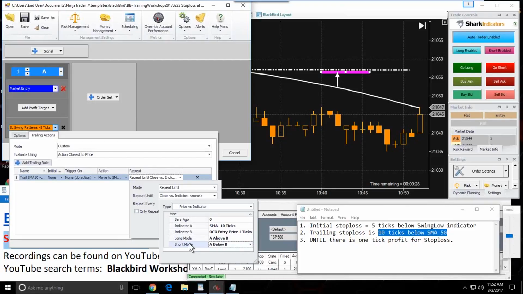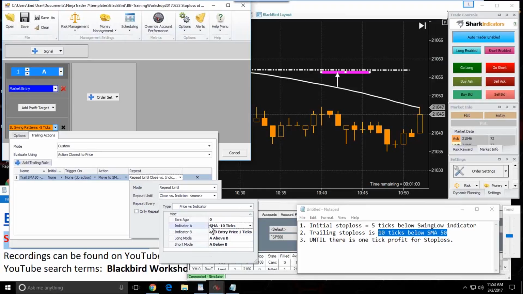So for a short mode, in a short trade, we need A to be below B. What is A? A is our SMA minus the 10 ticks, and that's exactly where our stop loss is getting moved to.